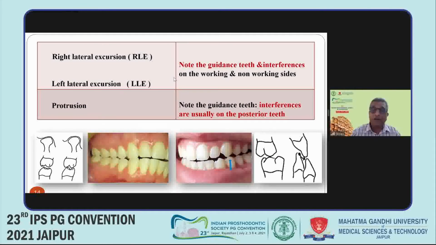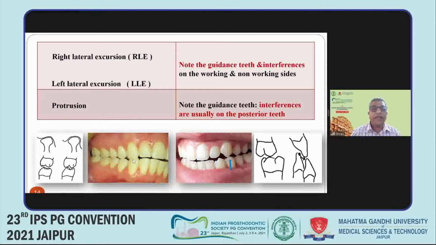Along with knowing the intercuspal position, the CR position, and the slide between them, you will have to know how the excursions occur. I have kept a schematic diagram, where the first one shows the working and non-working contacts, and the non-working contacts should not occur.